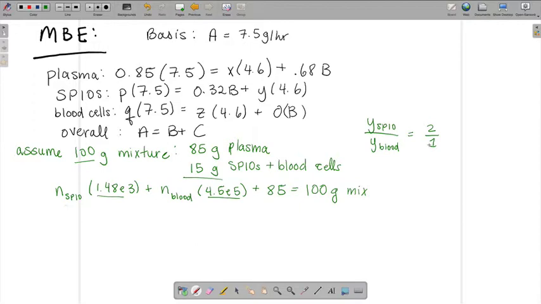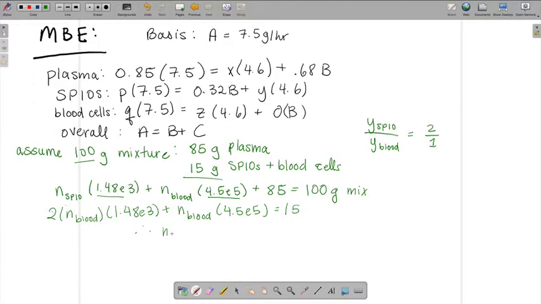So, using this fact, we can safely say that 2 times N of blood times 1.48 E3 plus N of blood times 4.5 E5 is equal to 15.